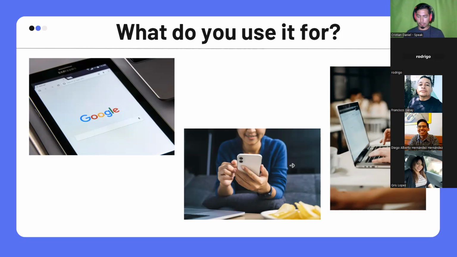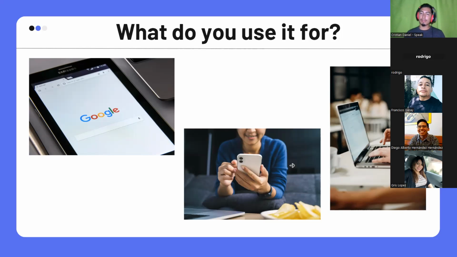I use the laptop the most, and I use the cell phone, because I have a company, the rental properties for vacation.